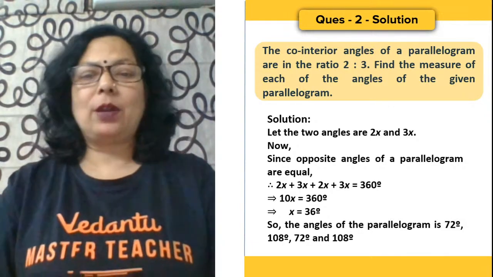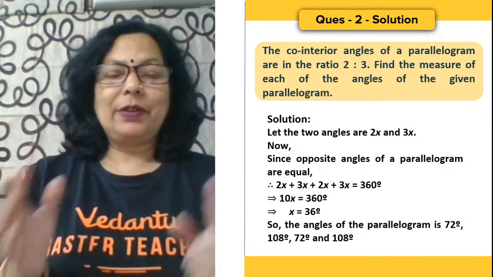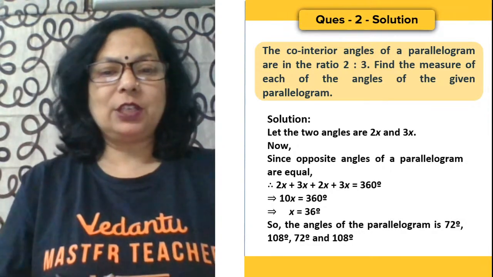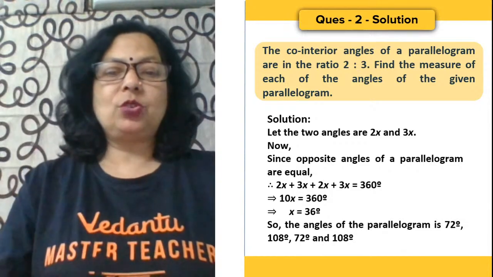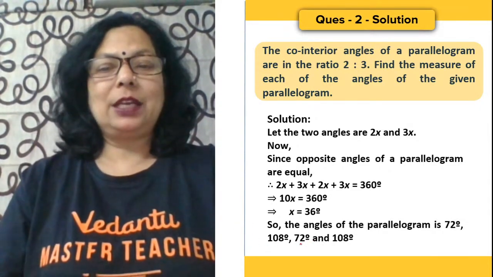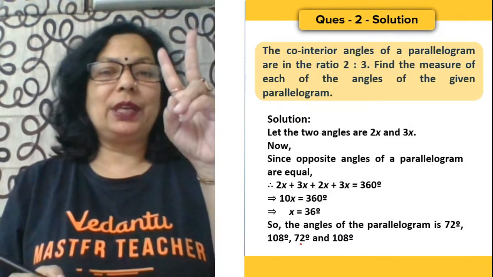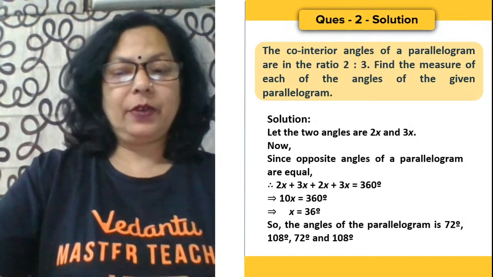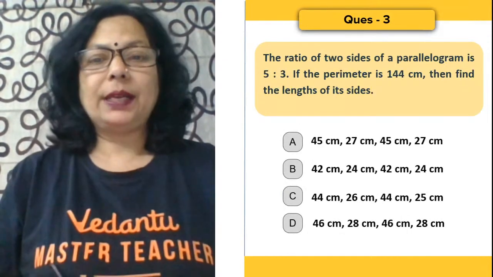So the angles of the parallelogram: 36 into 2, because 2x is one angle, is 72 degrees. Another angle is 3x, you get 108 degrees, and then opposite angles are equal. So two angles are of 72 degrees and two angles are of 108 degrees. Very good, Arpita. Very good. Well done.